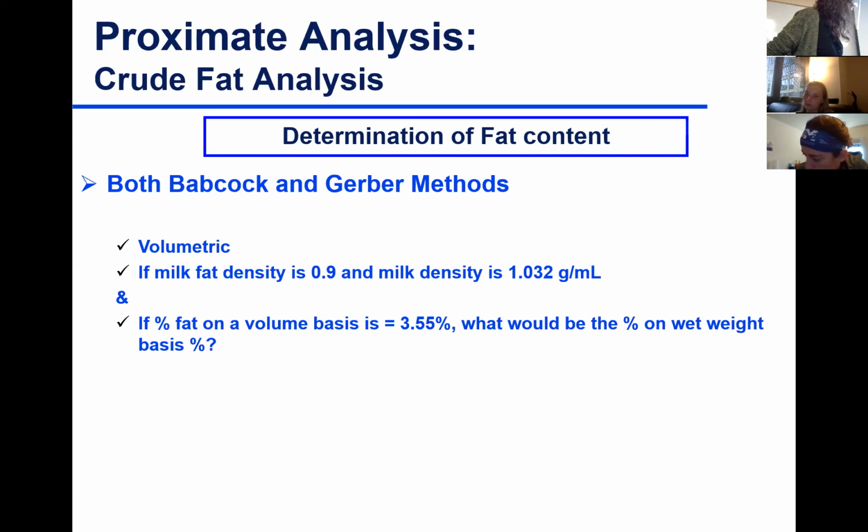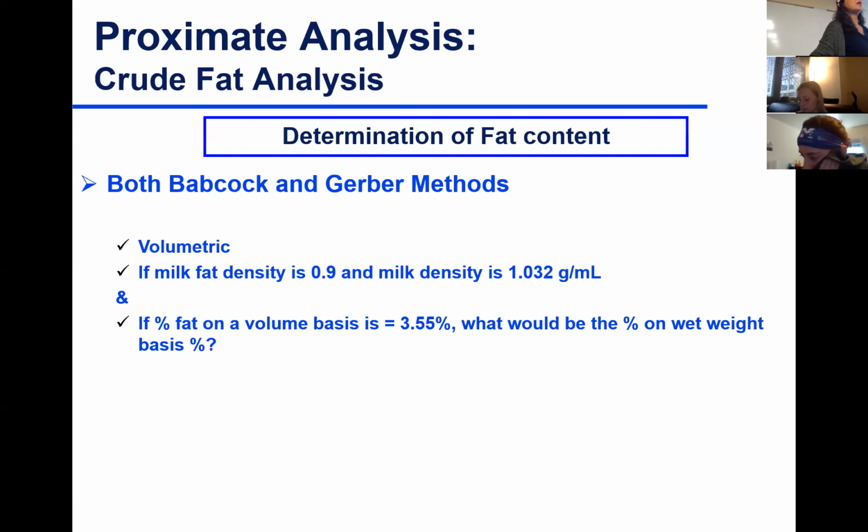And based on volume, you get the volume percentage of 3.55 fat, volume to volume. So that means 3.55 milliliters of fat in 100 milliliters of milk. What would be the percentage on a weight basis?